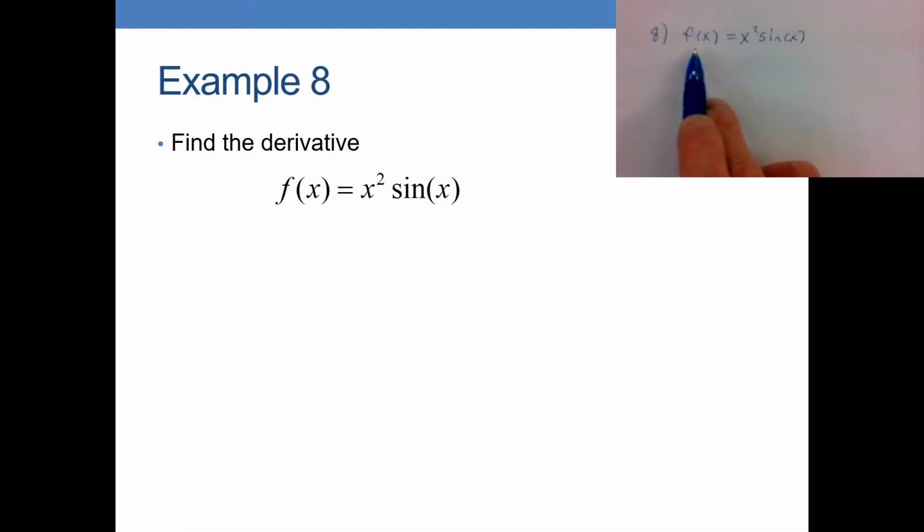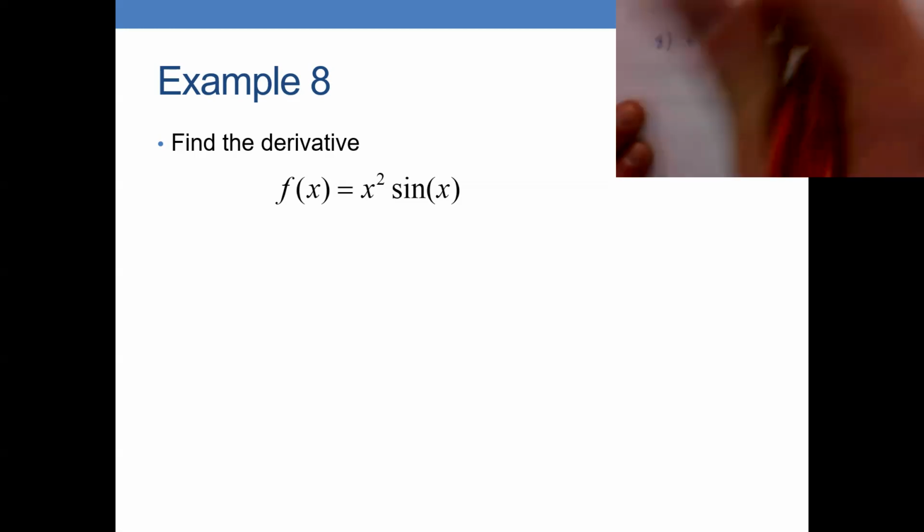So how do we take the derivative of f of x equals x squared sine x? Well, we're going to use the product rule.